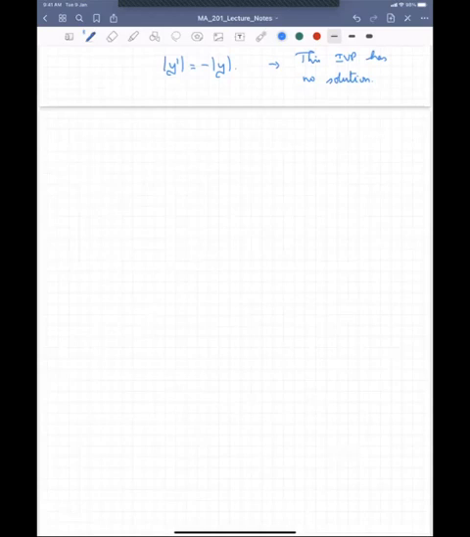The first question that you can ask is, what is the condition under which there is a solution for a differential equation? This is the question of existence.